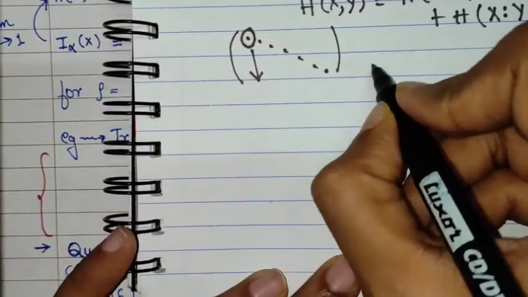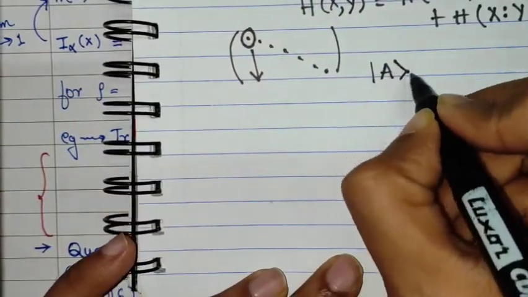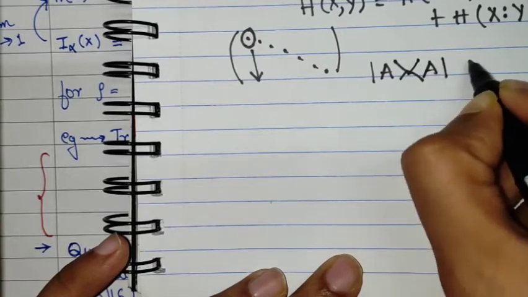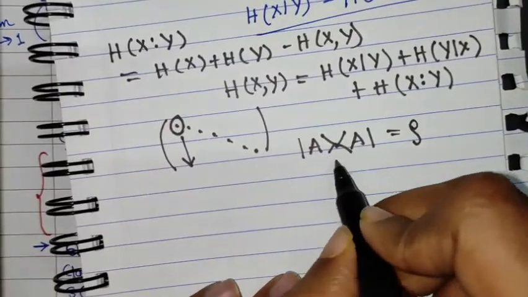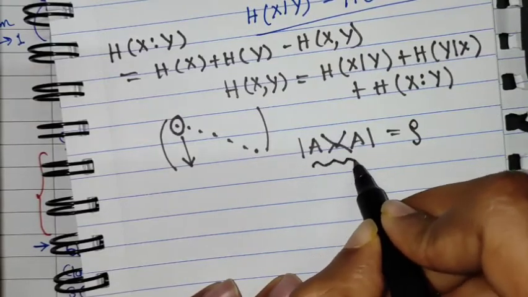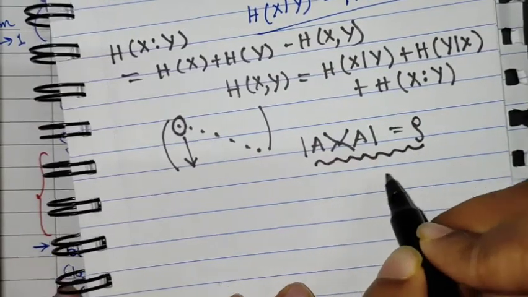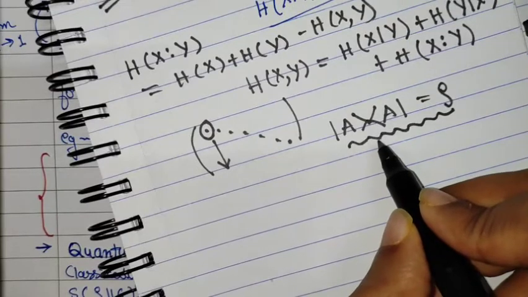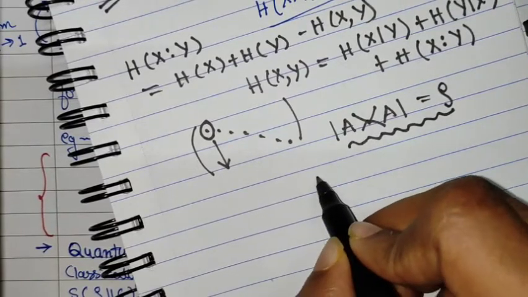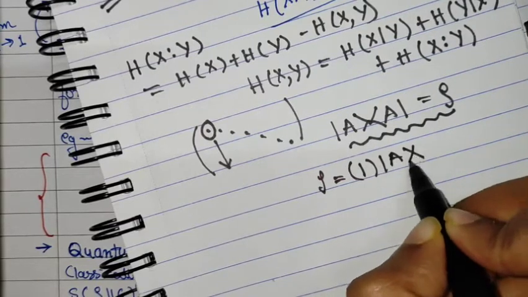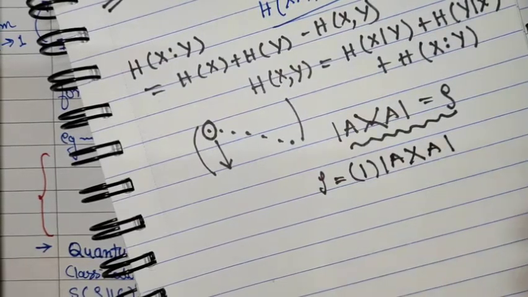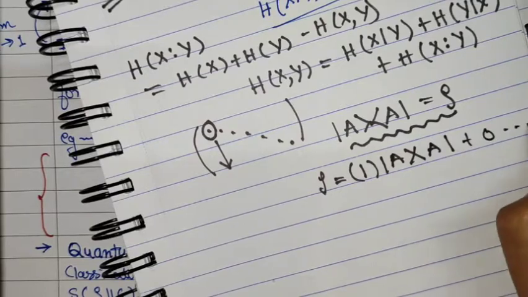It's because, suppose A is a state and this is a pure state. But now you see, this state that we have written is already in the form of a diagonal matrix, because rho is 1 times A, and everything else is 0.